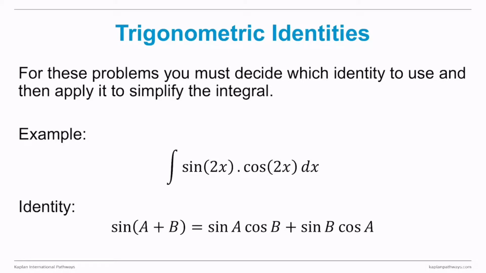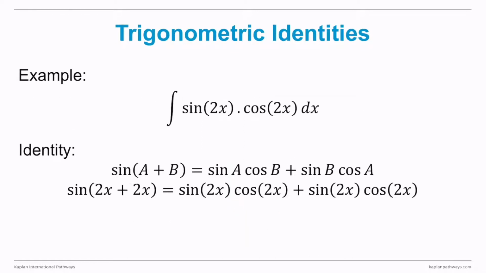If we look at the identity for sine a plus b, which is sine a cosine b plus sine b cosine a. We did this last term, before Christmas. So that's a plus b, with two different angles. If these two angles are the same, like in this case, where this is a and this is b, then we can say it is sine 2x plus 2x.